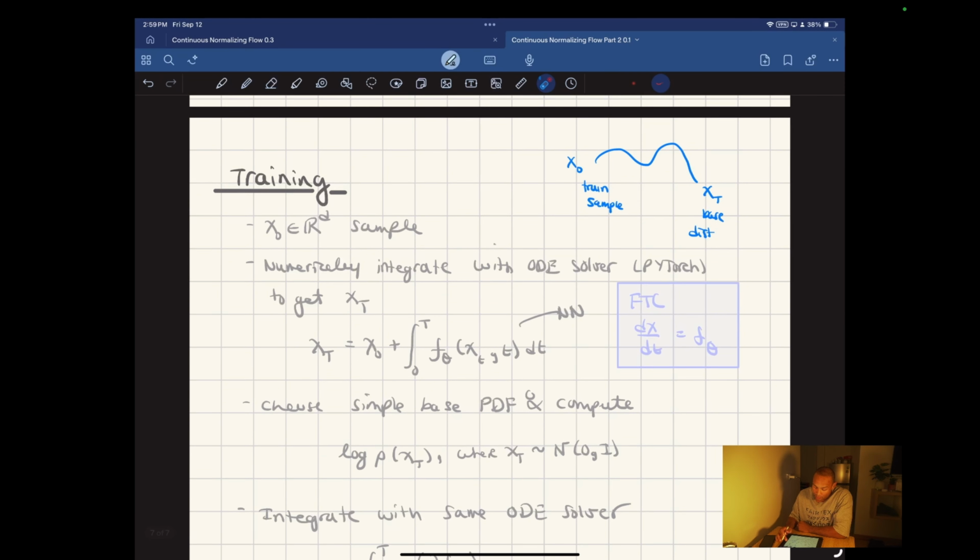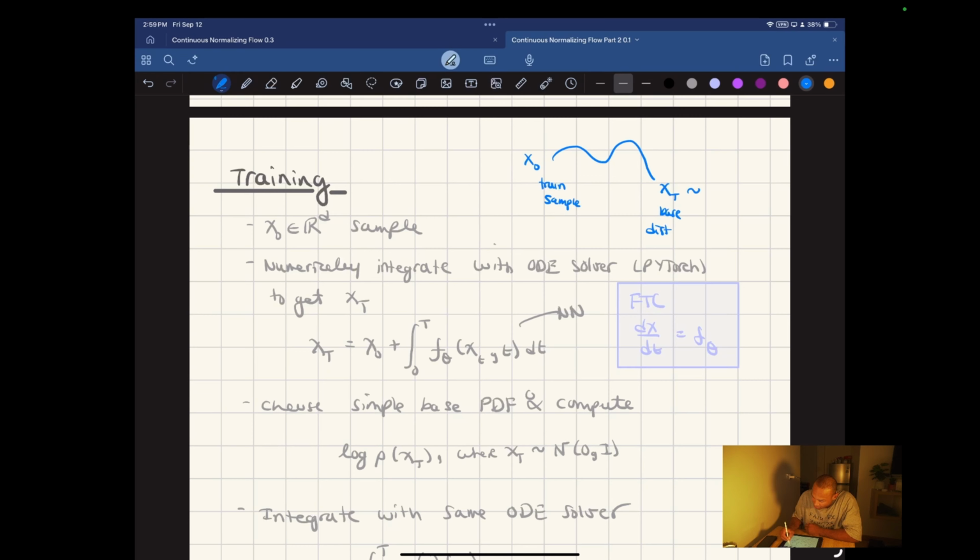So to get that, first we sample an image, and then we need to get the corresponding image vector from our base distribution, which in our case we're going to assume is a standard normal, which I would also do if I was coding this up, right?